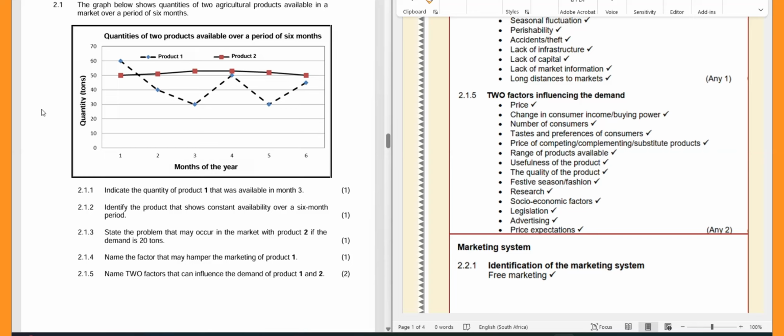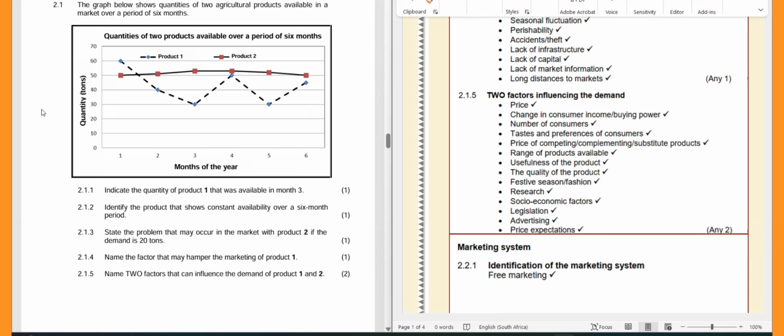Because here we're talking about the consumers. So if the income of the consumers increases, then they will be able to buy more of the goods, which means that the demand can increase.